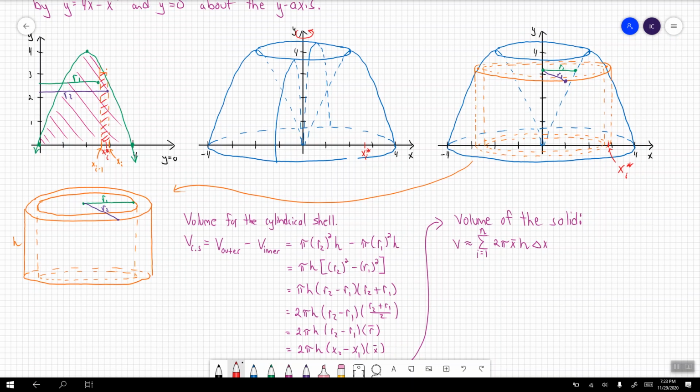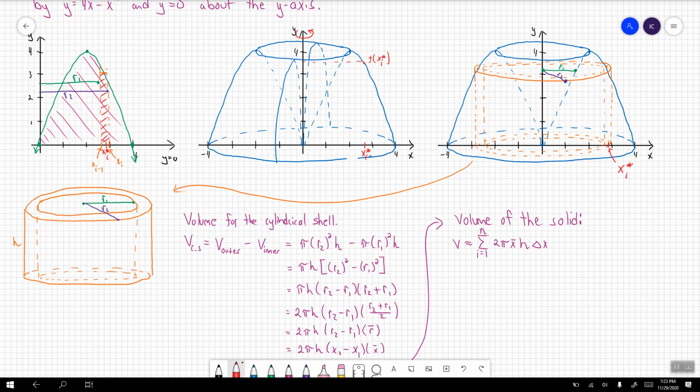The height is determined by the input of x sub i star, which means that the height of each individual shell, the height h, is going to be the function value itself.